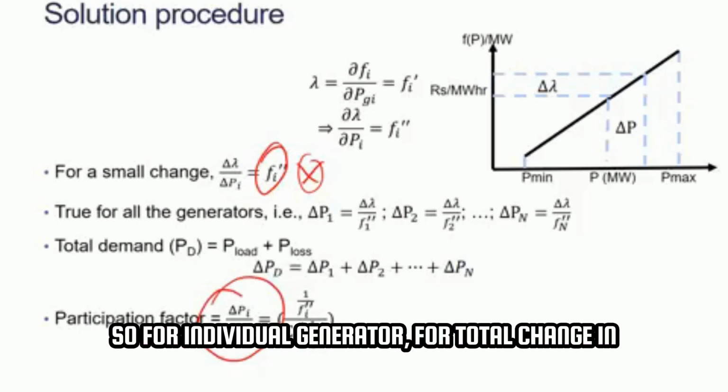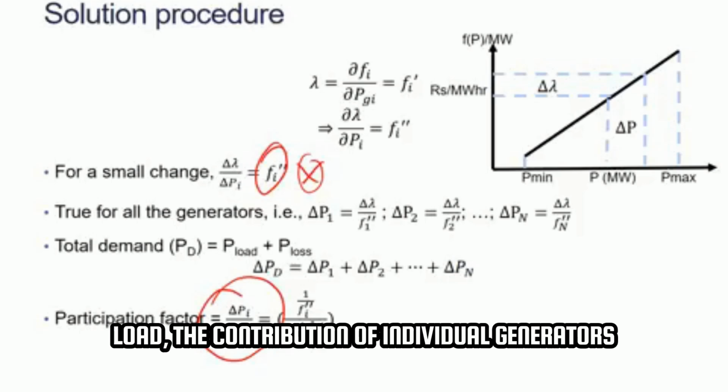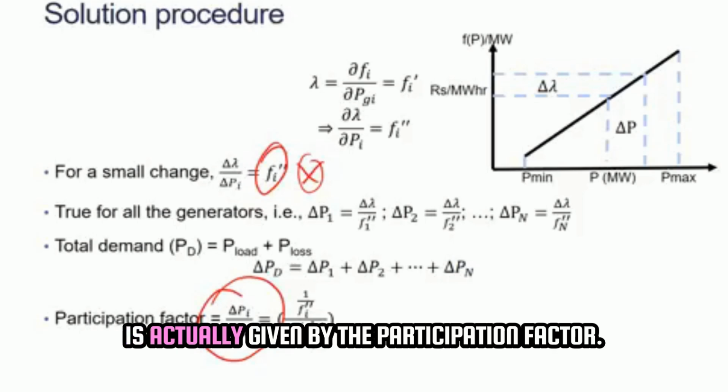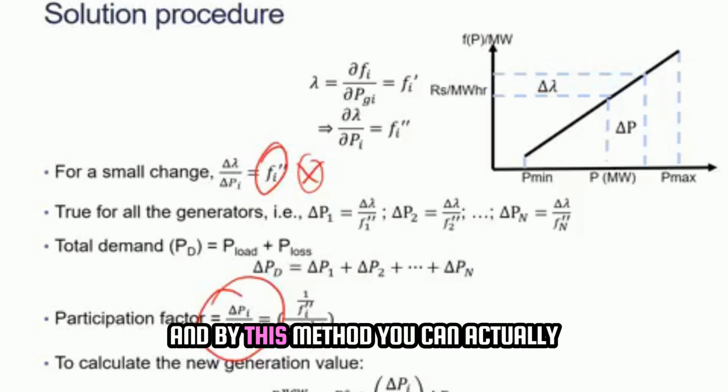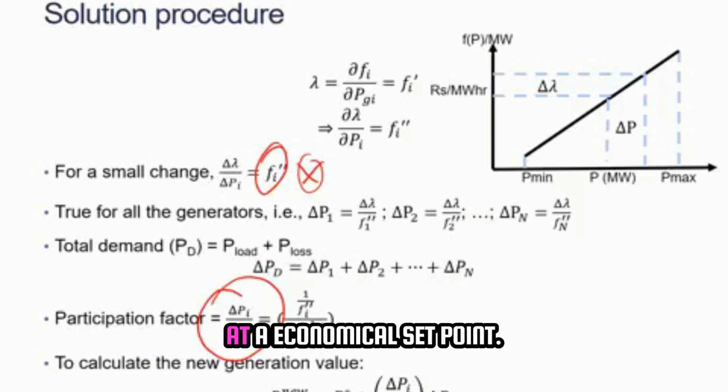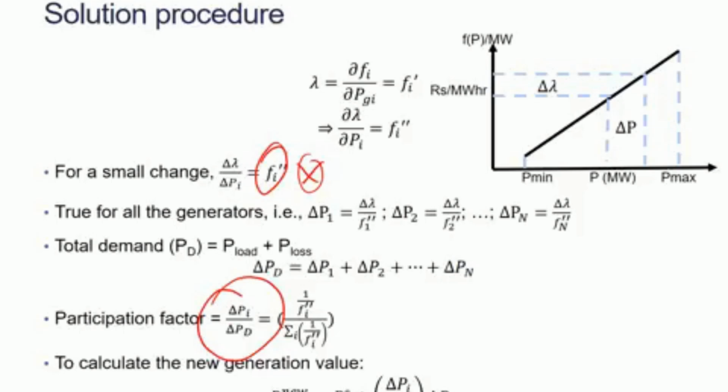For an individual generator, for a total change in load, the contribution of each generator is given by the participation factor. And by this method, you can get the new values of the generators at an economical set point.